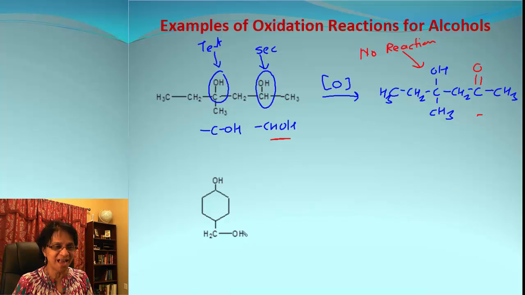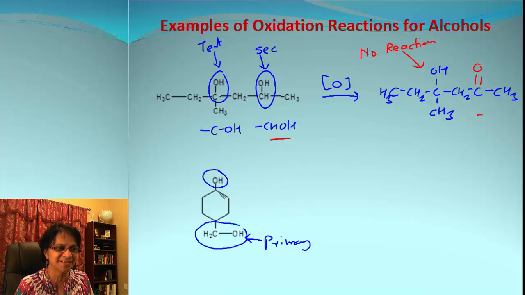Let's work on one more example. But this is a cyclic alcohol and if you look carefully, that is primary alcohol and this alcohol here is connected to a carbon atom which still has one hydrogen atom. So if CHOH is the group, that makes it secondary alcohol.